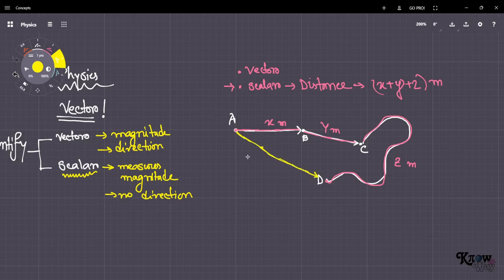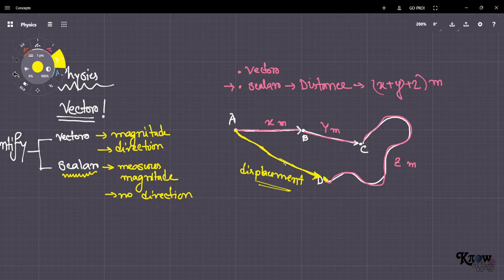To answer that, we have to draw a straight line from A to D. That will be our displacement. And by the word displacement, you already know it's the placement where we were displaced. We were at point A, now we're at point D. So how far we are from our initial point is the displacement.